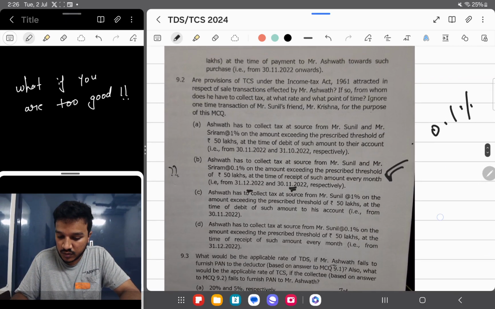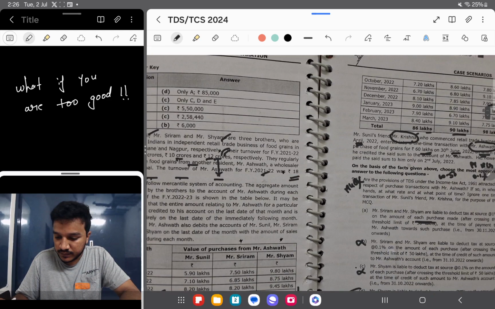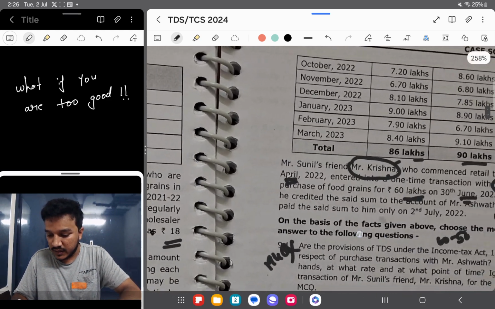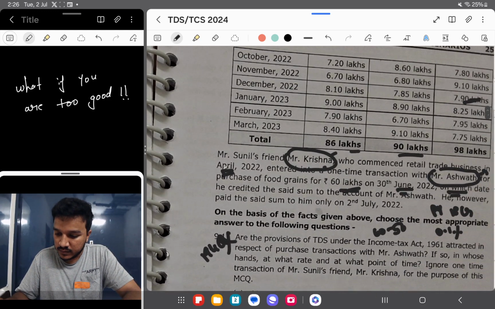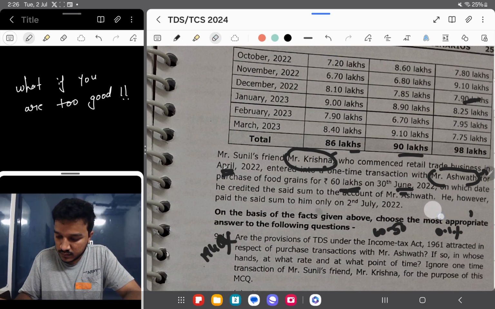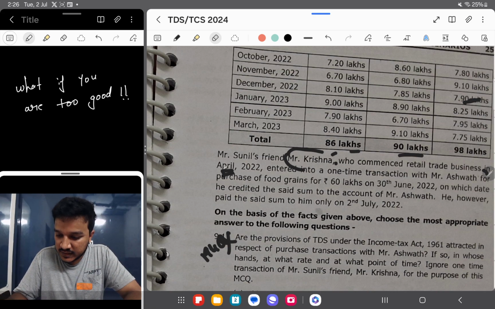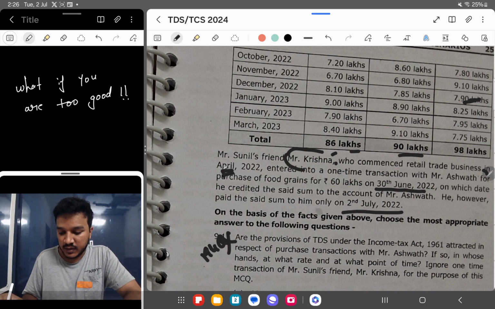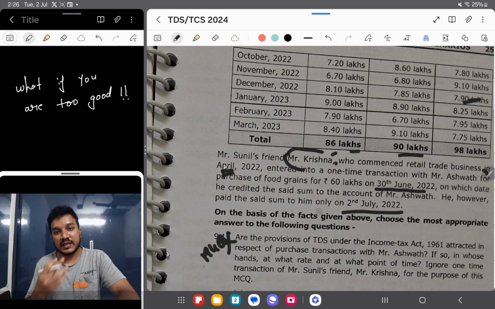If you see the question, they clearly say that he has credited in the books of accounts on 30th June, and then he received the amount on 2nd July. We are talking about TCS.